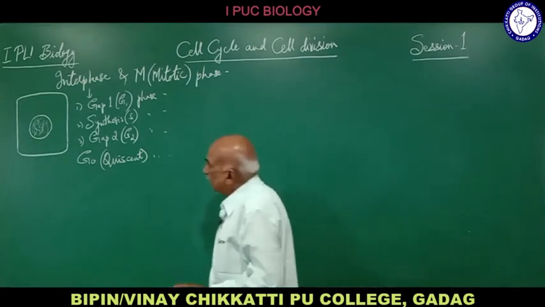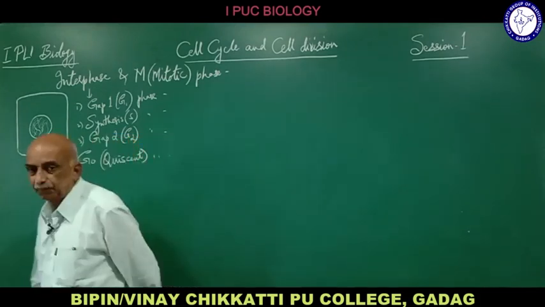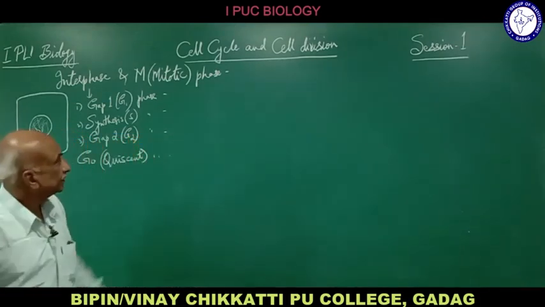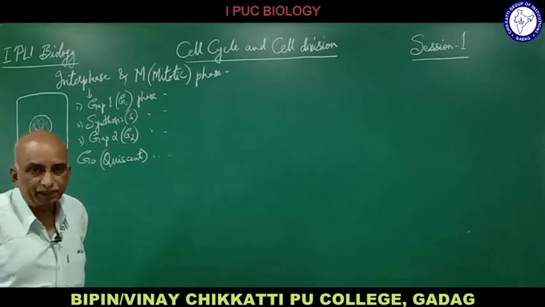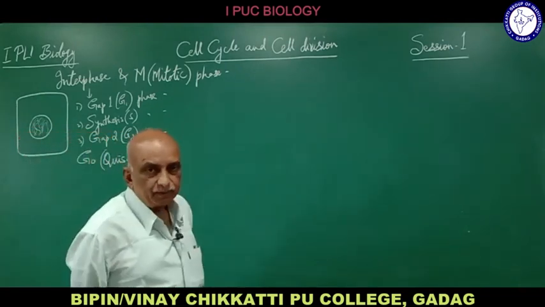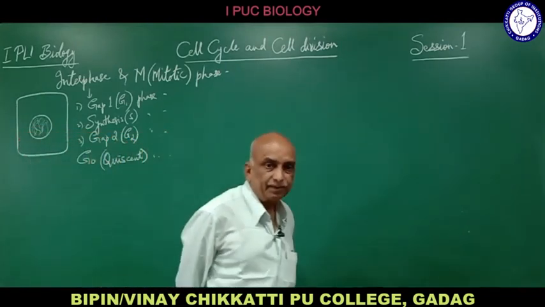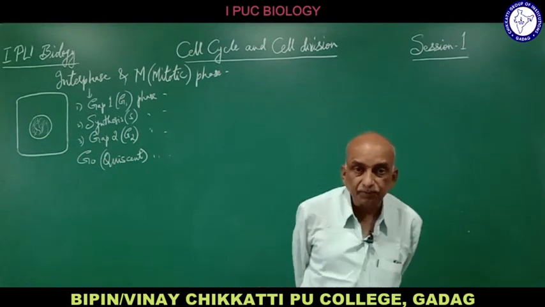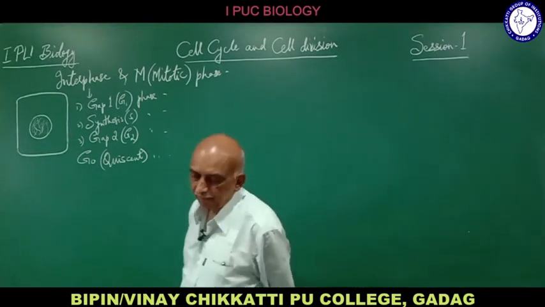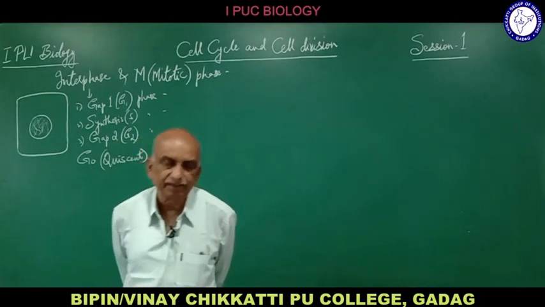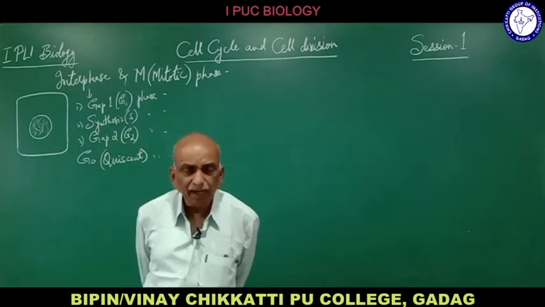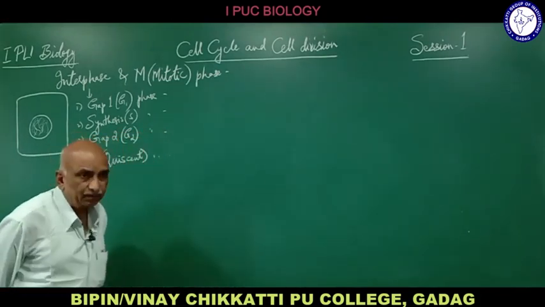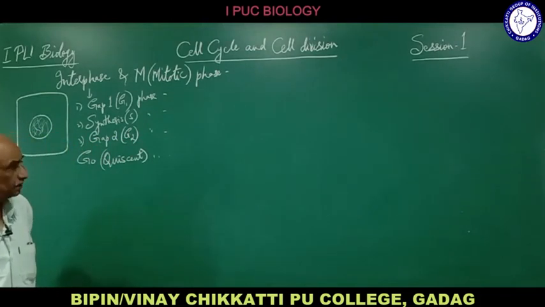Then after this we come to the next stage, the M phase or mitotic phase. The M phase is actually the division of the cell. So the cell divides and forms the daughter cells.